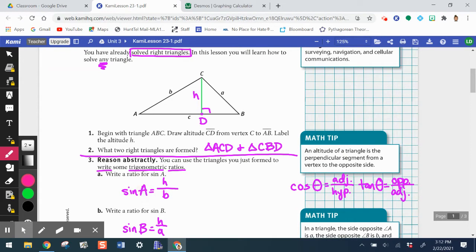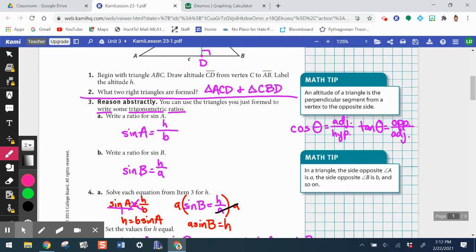So for the sine of A, opposite of vertex A is now the side h. So we put h over the hypotenuse of this triangle, which is b. So the sine of A is h over b. Now remember, we're not saying that h stands for hypotenuse here, so just keep that in mind. They've simply labeled this auxiliary line, the altitude that was added, h.